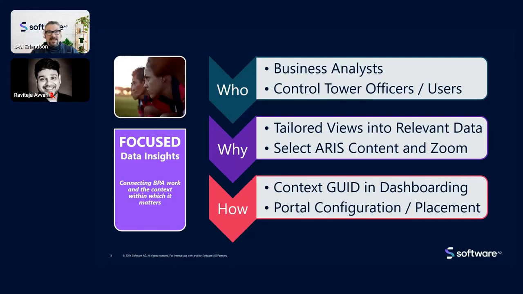And from a business analyst perspective or from a control tower officer or end user perspective, this is really helpful. You see an overall picture of how something is performing, and you ask yourself a question: hey, what about this is contributing negatively or positively to the outcomes I'm seeing as a consolidated number? Let me click on each piece, and the pop-in dashboard shows me a little bit more information about it.